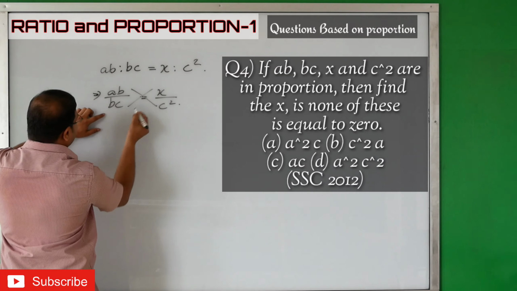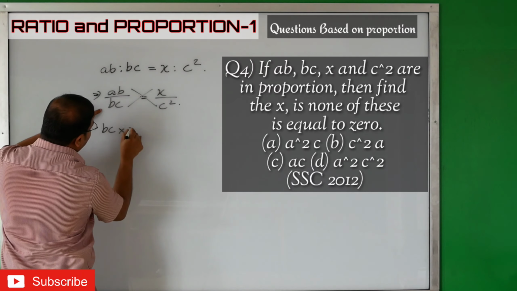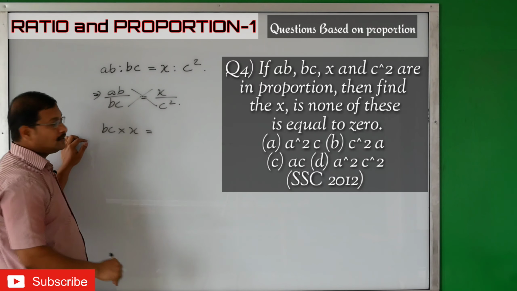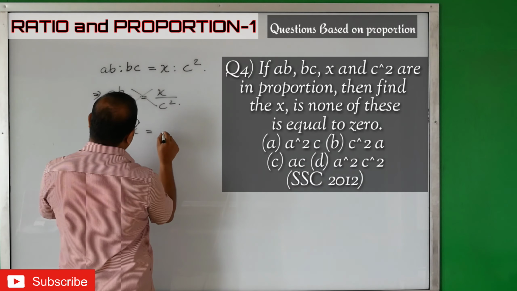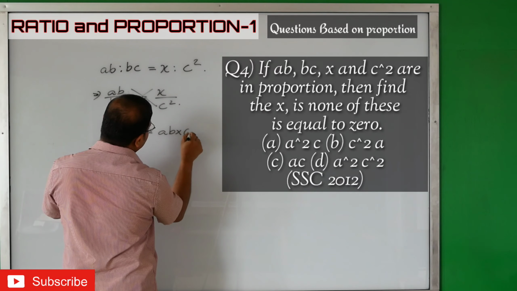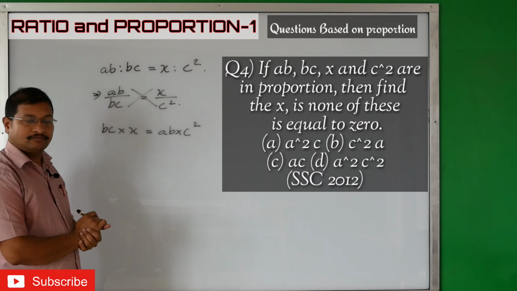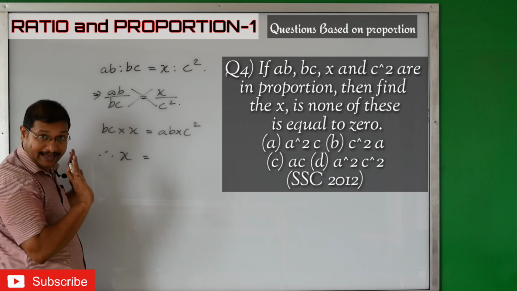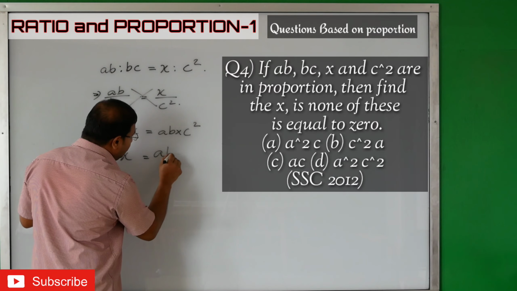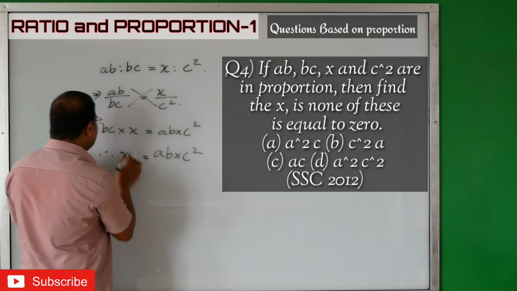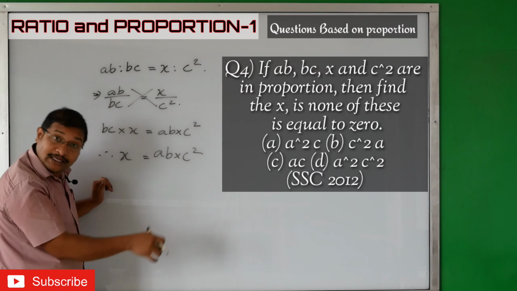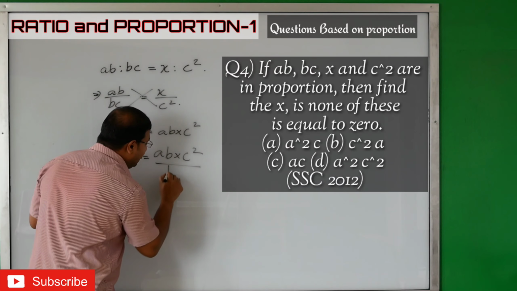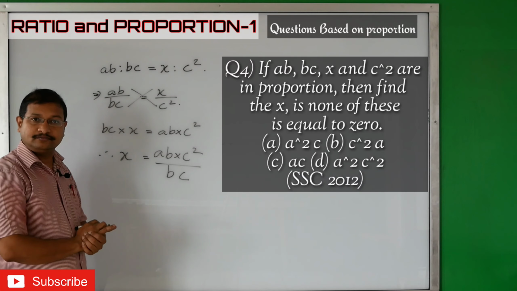Ready? That means BC into X equals AB into C square. Now, therefore, X equals, because we want the value of X, AB into C square, divide by BC.